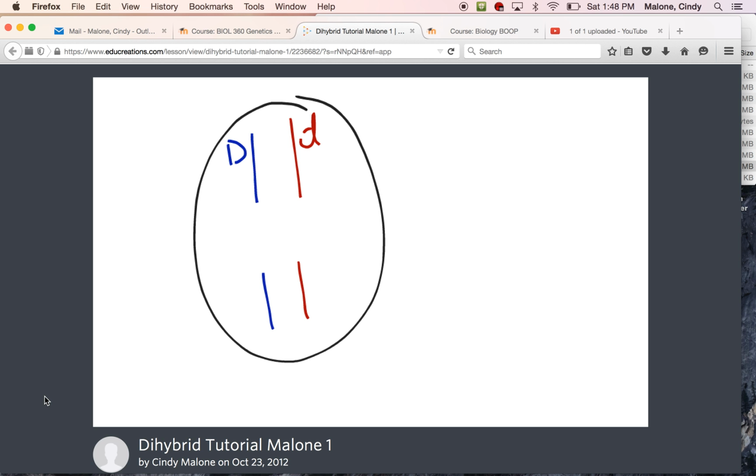Hitchhiker's thumb is going to be on a different chromosome. So hitchhiker's thumb, again, we'll say you've got the hitchhiker's thumb allele from mom and the recessive allele from dad. So you're heterozygous for hitchhiker's thumb. You're heterozygous also for detached earlobes.